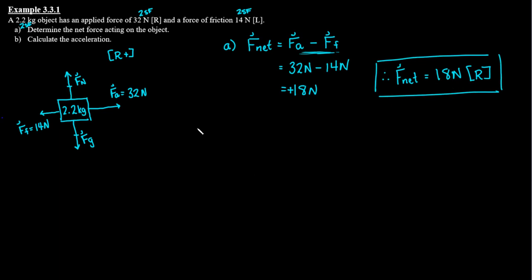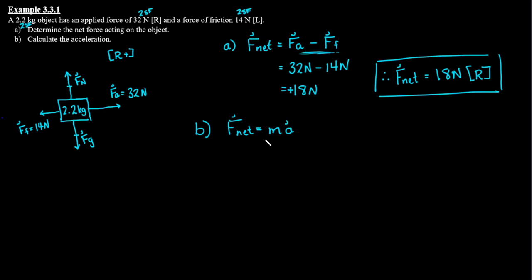Now, from looking at Newton's second law, we know that any F net will cause an acceleration on an object in the same direction as that net force. Okay, so to solve for the acceleration, if we know that net force acting on the object, all we need to know is the mass of that object, and that is another way to determine it.